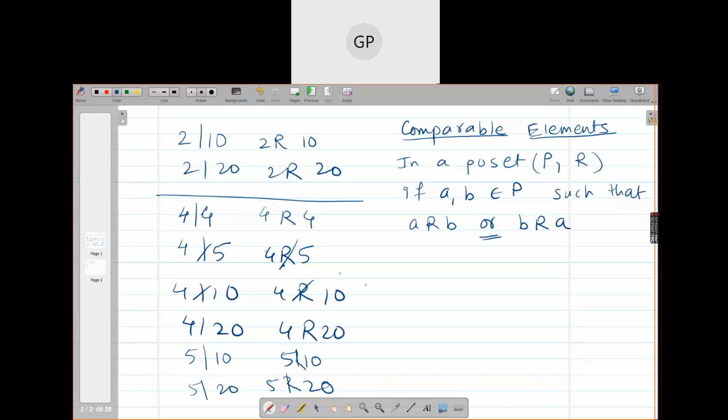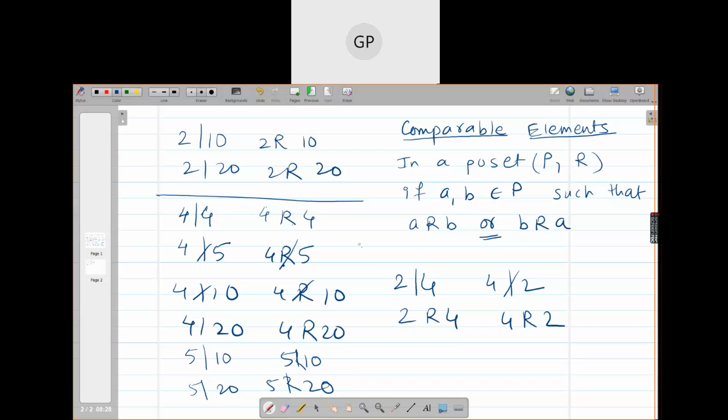Either of the things. For example, here 2 divides 4, but does 4 divide 2? 2 is related to 4, but is 4 related to 2? No, ma'am. So either of the things is going to happen. Please remember this.